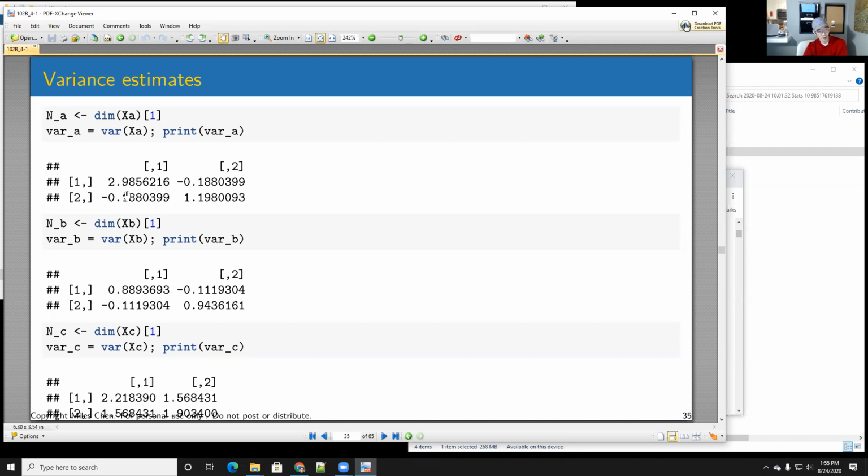This should be 0, it's a little bit off, and this should be 1, it's a little bit off. Same for B. B was the identity matrix 1, 0, 0, 1, and it's close to that, but a little bit off. And this one's the most off. We said it was 3, 2.5, 2.5, and 3, and we're getting something quite different, but that just happens to be what we get here, okay?